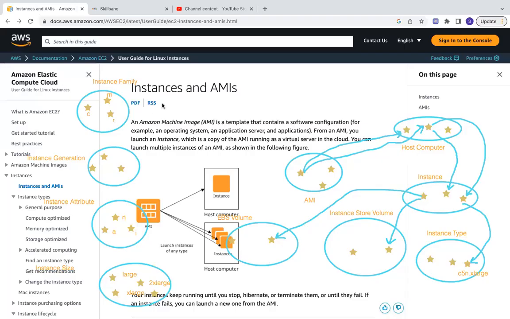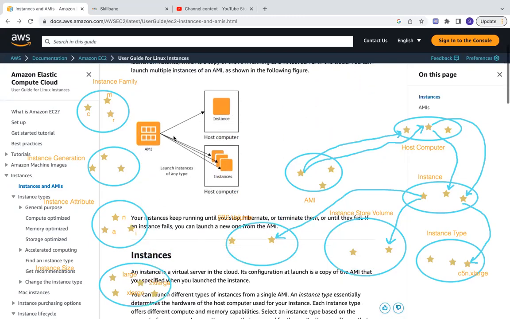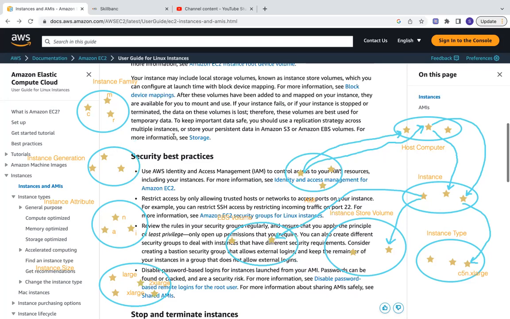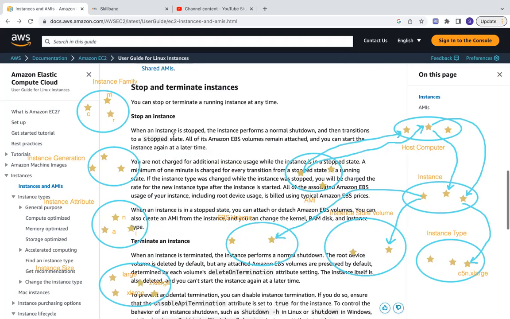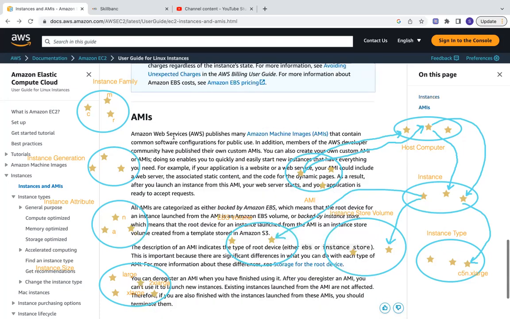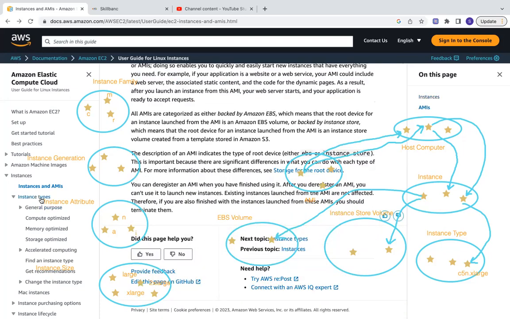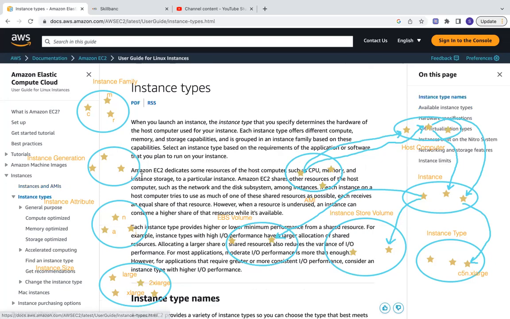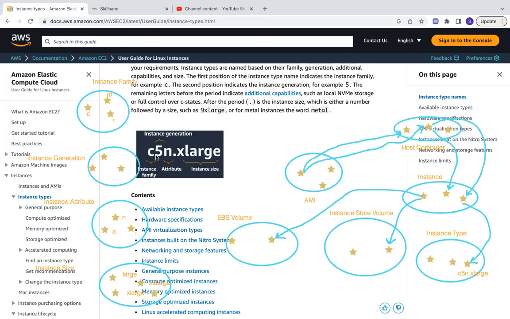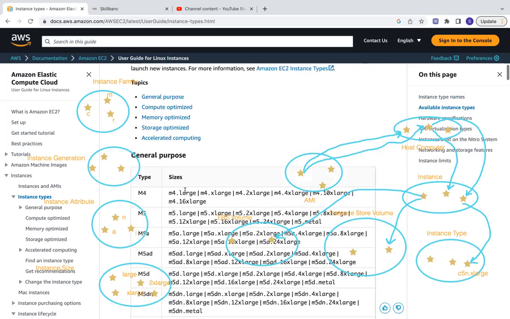So if you go and read this entire page, instances and AMIs, that's what it is saying. What are instances? Security best practices, terminating, stopping, AMIs, and then instance types. The structure: C5N extra large. What do they mean?